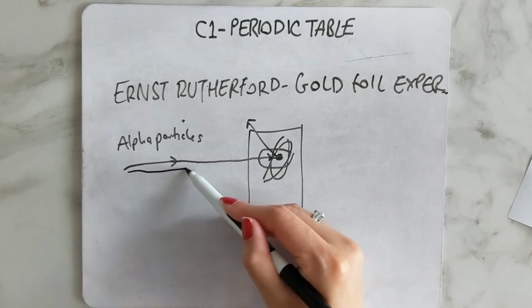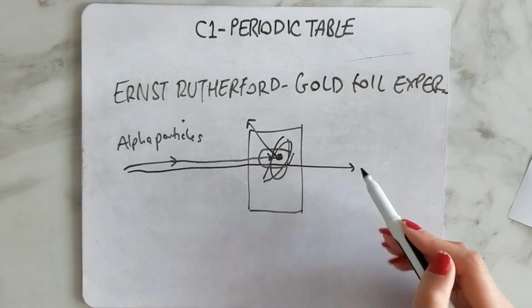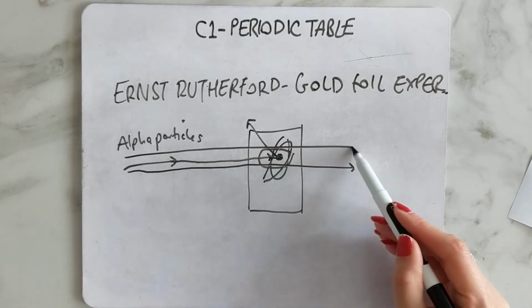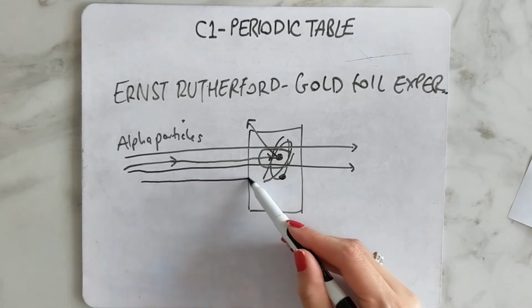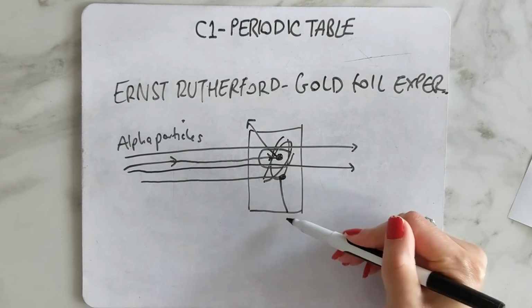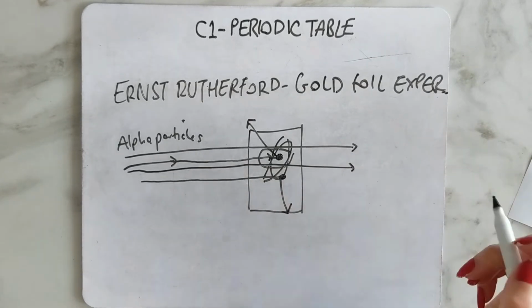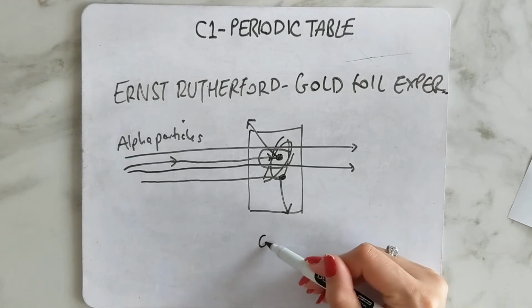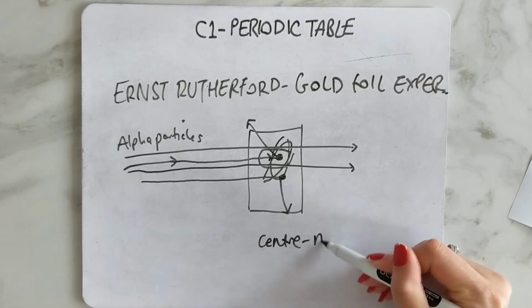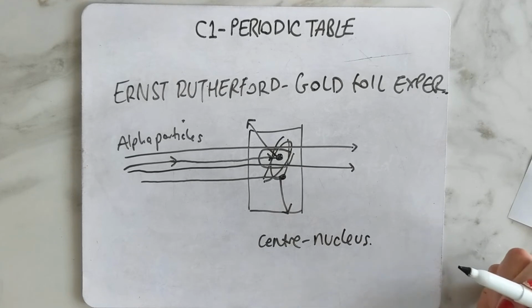But the majority of these alpha particles he found went straight through. Sometimes they hit something else that was in the atom and deflected different ways. So what he concluded was there must be something in the centre, which we know today as being the nucleus.